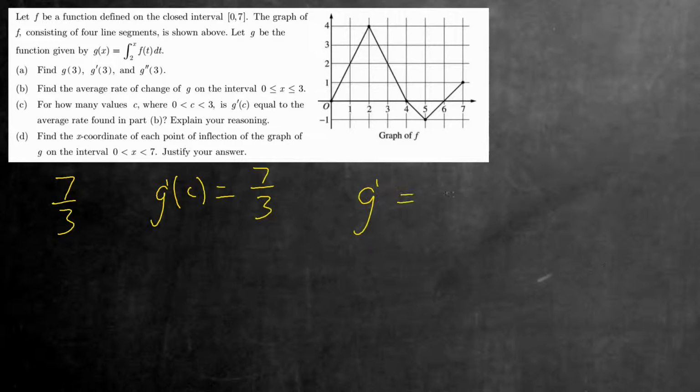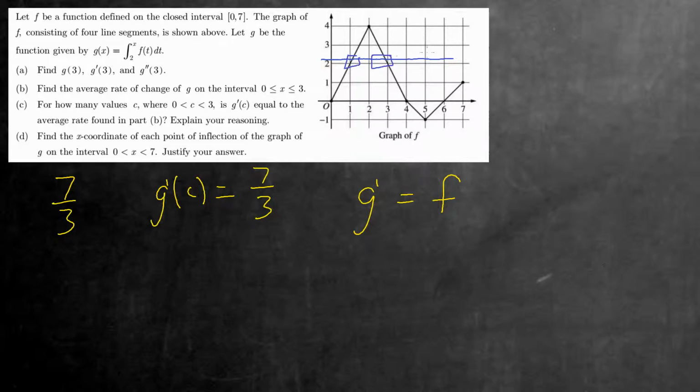And for how many values c from 0 to 3 is g prime equal to the average rate? So the average rate was 7/3. How many times is g prime equal to 7/3? G prime was equal to f, so really we just look in our graph. 7/3 is 2 1/3, so that line is right here.